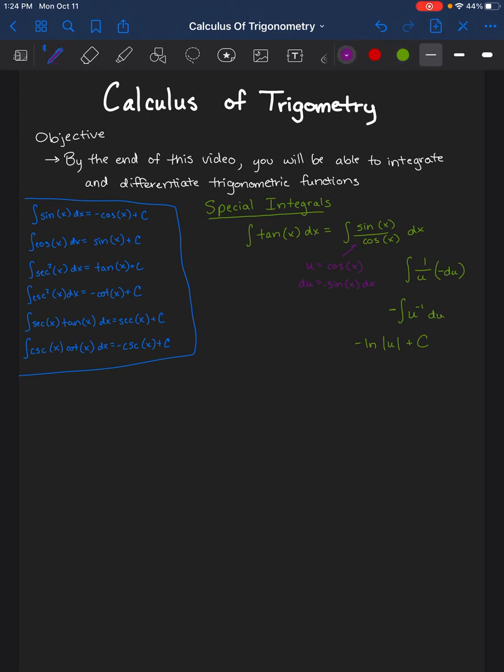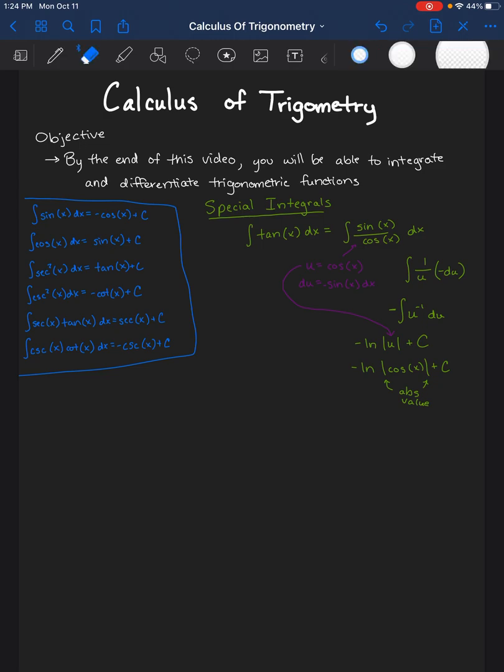Now that I've got that taken care of, I'm going to remember to plug back in my original variable, in this case the cosine of x. So I'm going to look at a final answer of the negative natural logarithm of the absolute value of cosine x plus c. Now, it is important in this situation to remember to include those absolute values.